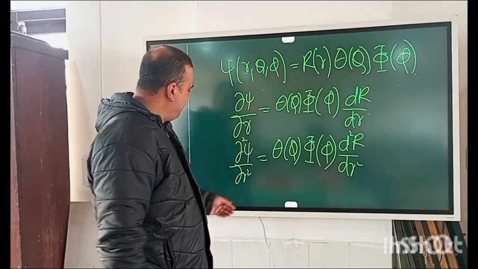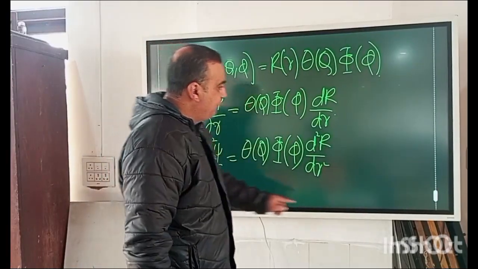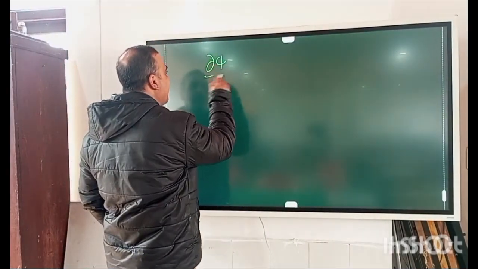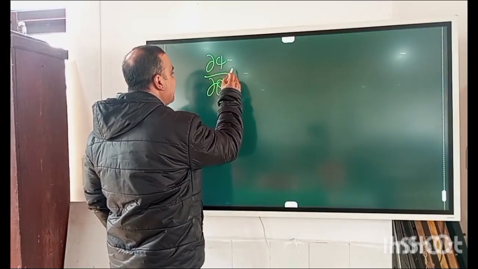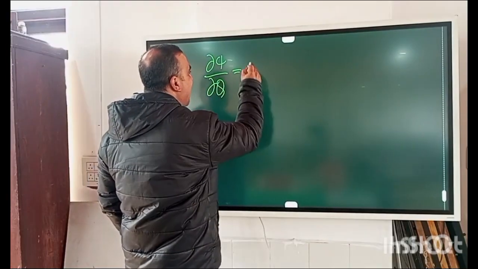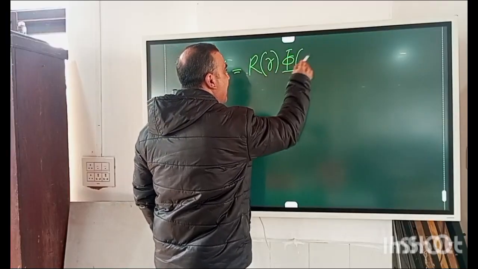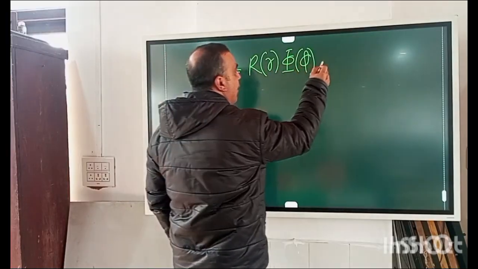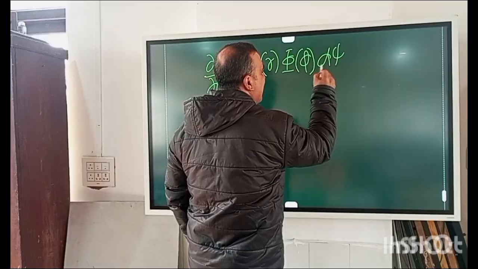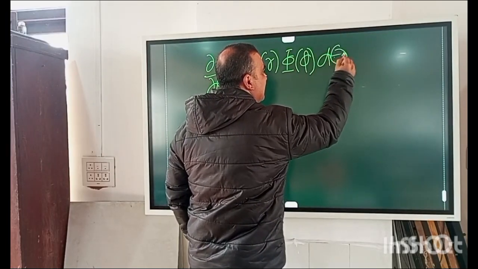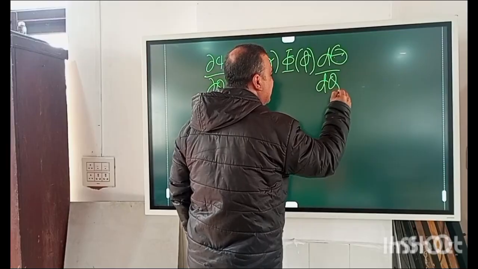If I do the same thing, for dou psi by dou theta, R of r will be out, Phi of phi will be out, and you will have d capital Theta divided by d theta.